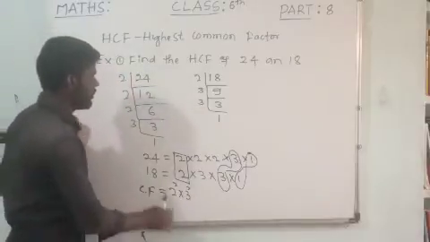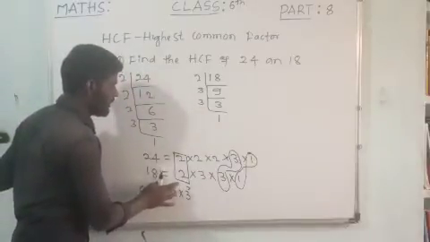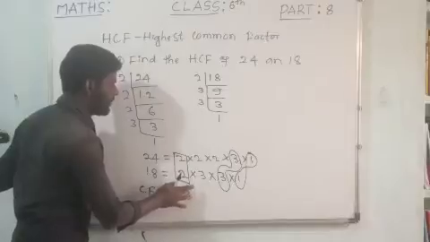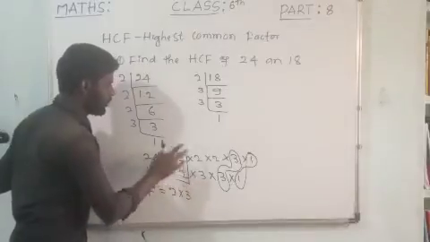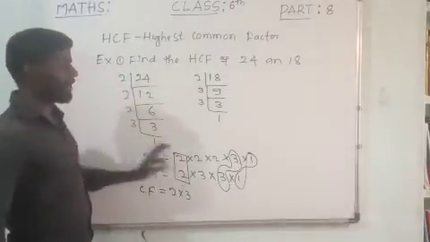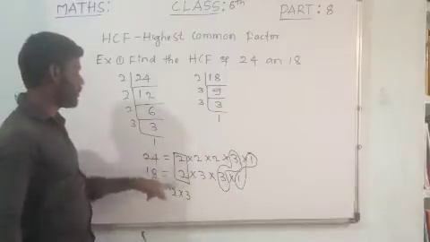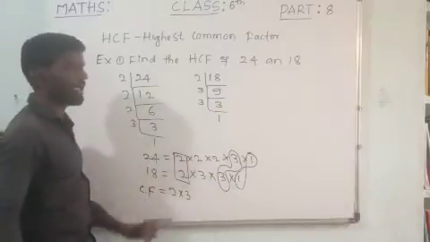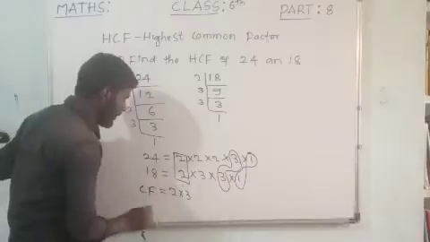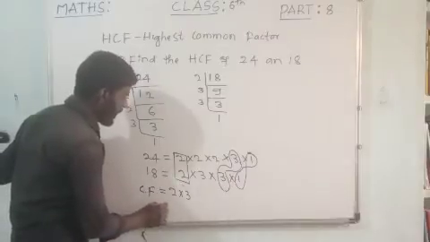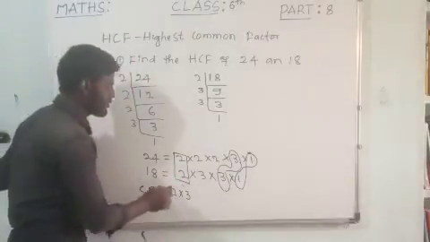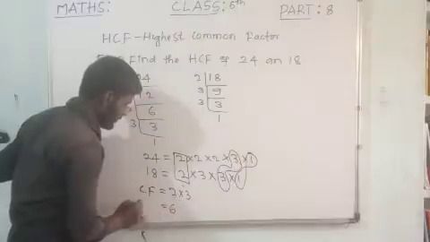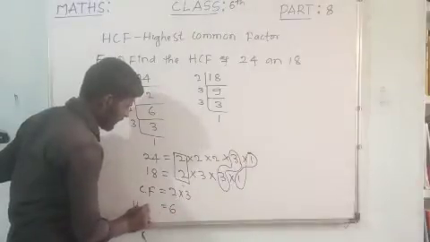Sorry, 2 is repeated only one time here, and here also 2 is repeated only one time. Choose only one. Out of both groups you have to choose only one number. Here 2 is common. Here 3 is common. Take them. Then multiply these common factors: 2 threes are 6. Therefore, the HCF is 6.